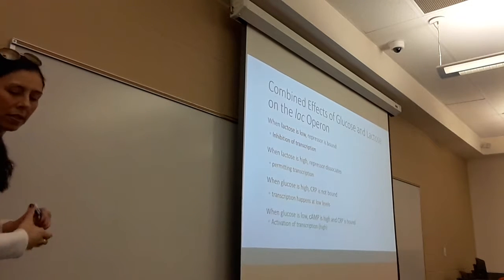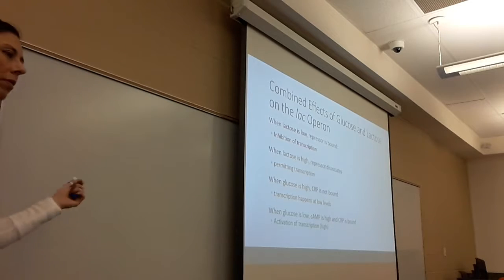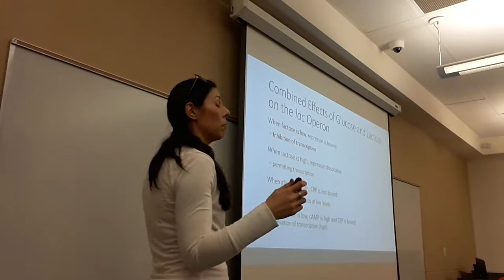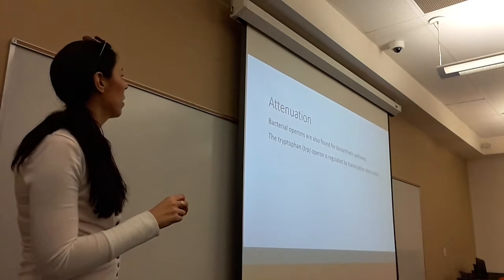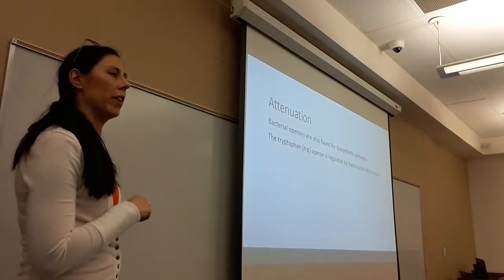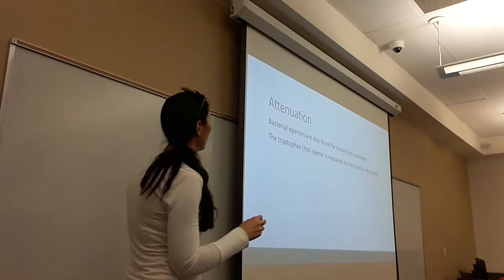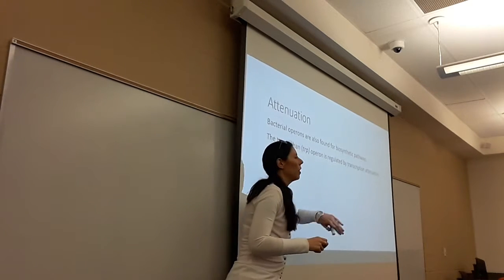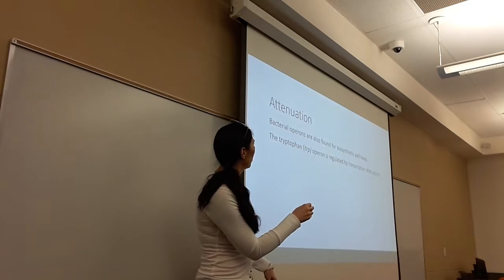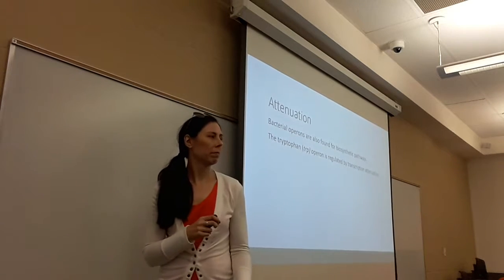Just like us, E. coli has to make some of its amino acids. Actually, bacteria make all of their amino acids. One of the amino acids they make is tryptophan. So they have a set of genes called the trp operon that are responsible for making tryptophan.